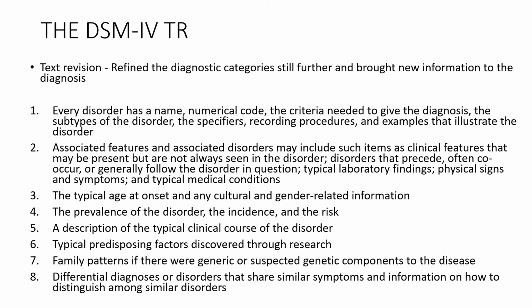So number one, every disorder has a name, numerical code, the criteria needed to give the diagnosis, the subtypes of the disorder, the specifiers, recording procedures, and examples that illustrate the disorder. So all those things are now included in there. 2, associated features and associated disorders may include such items as clinical features that may be present but are not always seen in the disorder, disorders that precede, often co-occur, or generally follow the disorder in question, and typical laboratory findings, physical signs and symptoms, and typical medical conditions.